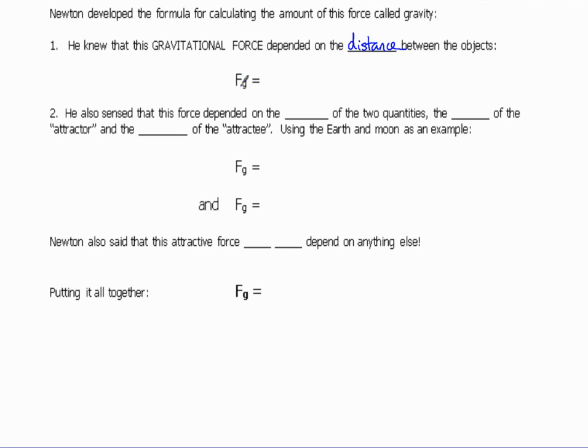Remember, he had the force of gravity was a constant times 1 over the square of the radius, where r equals the distance between the two objects. He also sensed that this force depended on the mass of the two quantities. It depended on the mass of the attractor and the mass of the attractee.